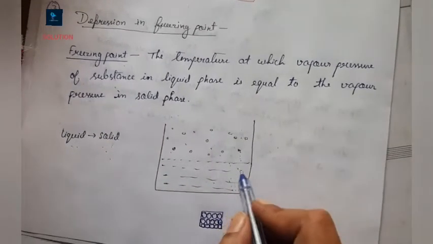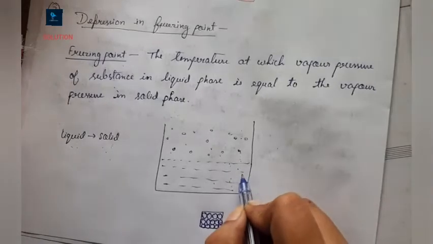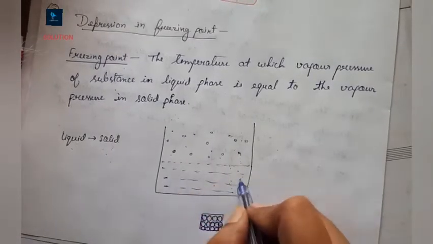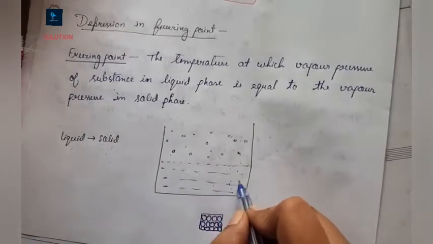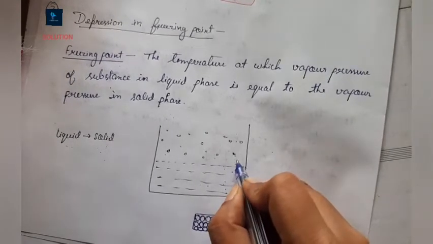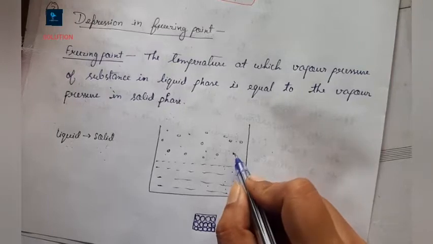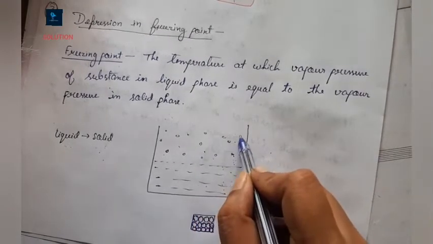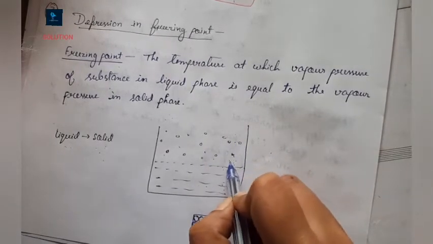Here I am taking a beaker or a container, half filled with liquid, and this liquid is turning into vapor, and these vapor molecules move randomly in the container.